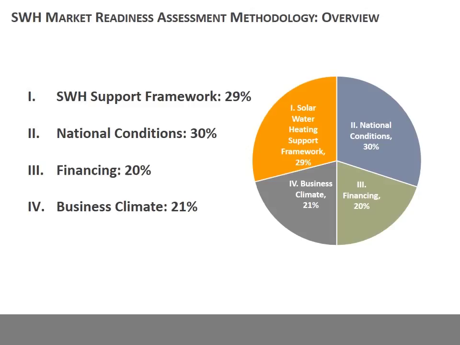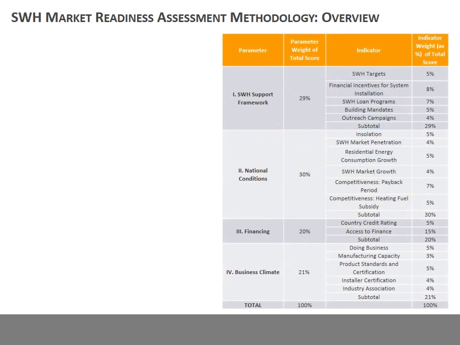This graph shows the weighting of each of the parameters. These 4 parameters are composed of 18 indicators that reflect different elements of the enabling environment for solar water heating in a given country. This table outlines the specific indicators that make up each parameter and the individual weighting of each of these indicators.